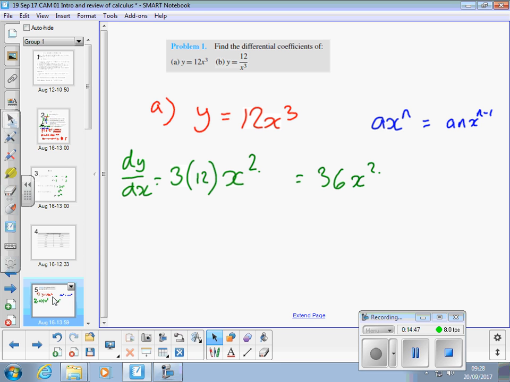Okay. B, we've got y equal to 12 over x cubed.